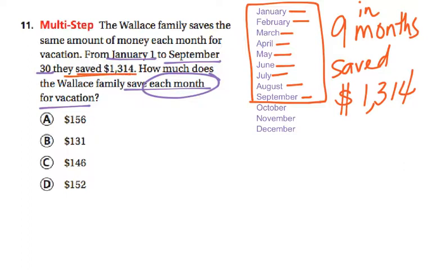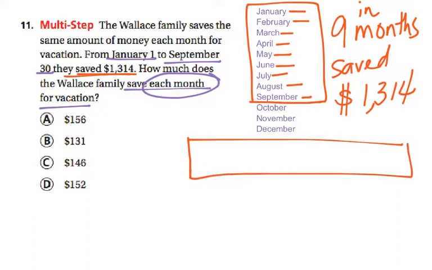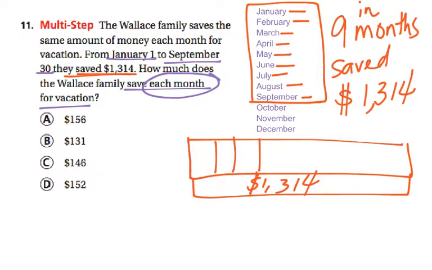Now, when they're asking me how much did they save in each month, I'm thinking about having 9 months. And in these 9 months, they saved $1,314. So let's see, 1 month, 2 months, 3 months, 4 months, 5 months, 6 months, 7, 8, and 9.